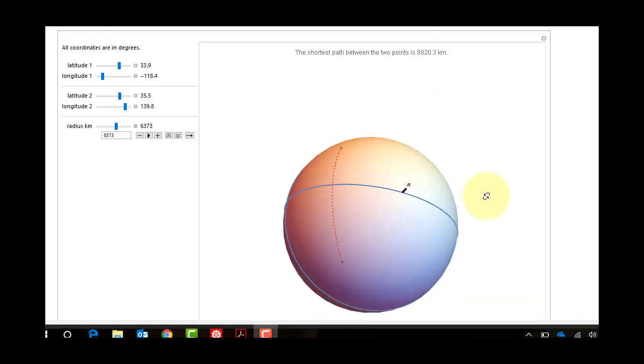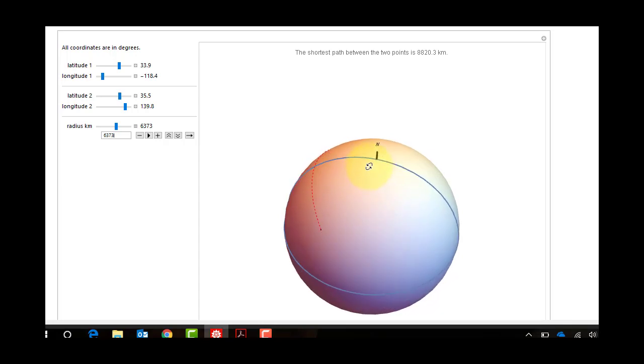One other place to do this calculation and visualize it is here in Mathematica, and I've got LA here at 33.9 north and 118.4 west, and Tokyo at 35.5 north and 139.8 east. In this app, I need to measure distances in kilometers. So here's the radius of the Earth in kilometers, and there's the great circle distance, the geodesic, the shortest distance between those two points.